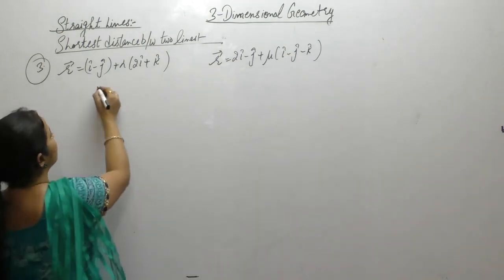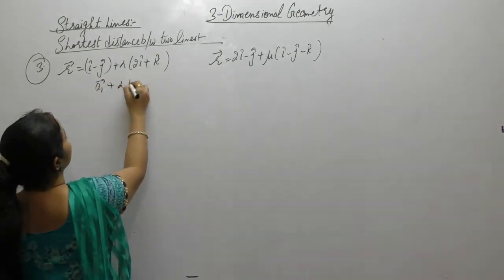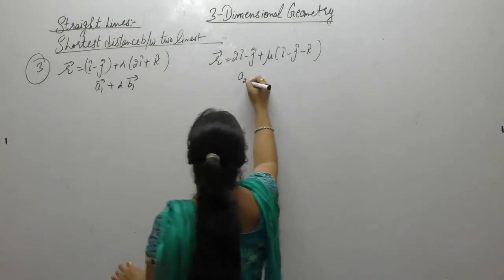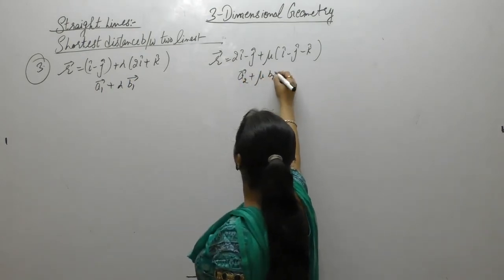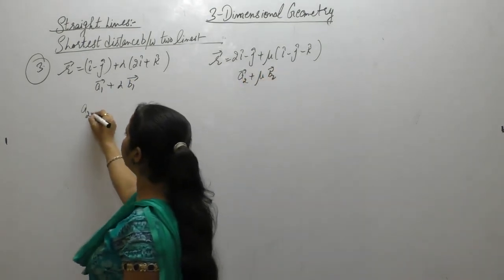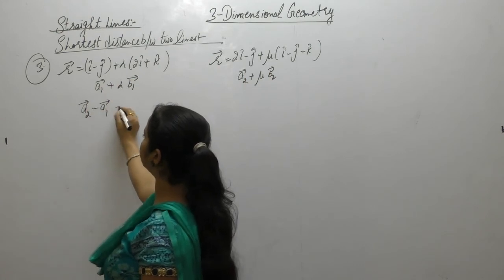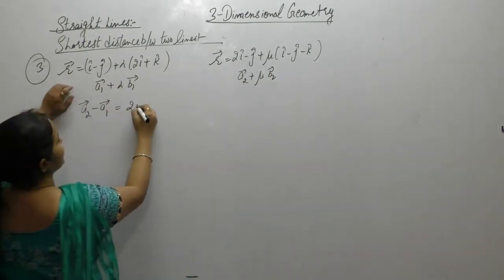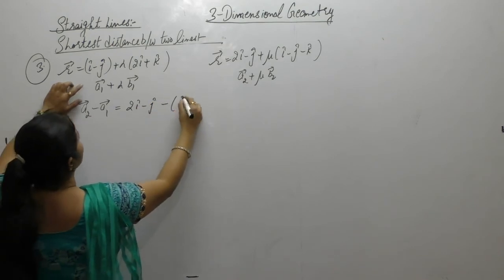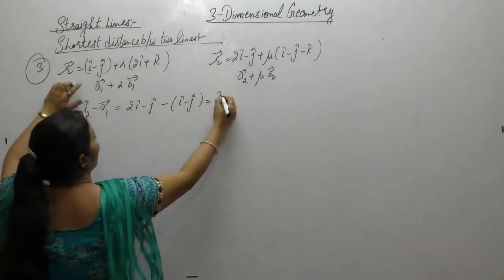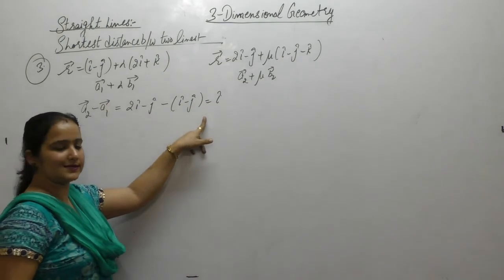Now compare it with general equation: a1 plus lambda b1, a2 plus mu b2. First we have to find a2 vector minus a1 vector. a2 vector is 2i minus j minus i minus j. So i minus j plus j is 0.